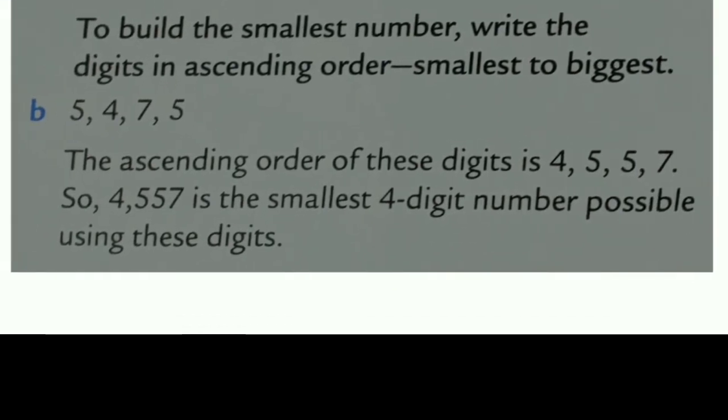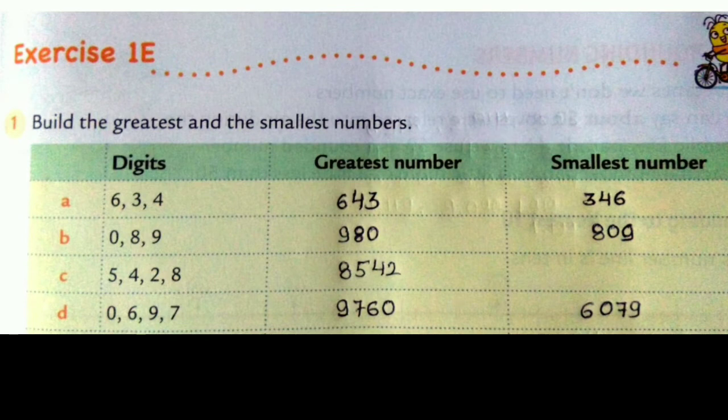One more example is given here, that is 5, 4, 7, 5. This also we have to arrange as the smallest 4 digit number. See the answer: 4, 5, 5, 7. We will do our exercise 1E. In this one we have to build the greatest and the smallest number.